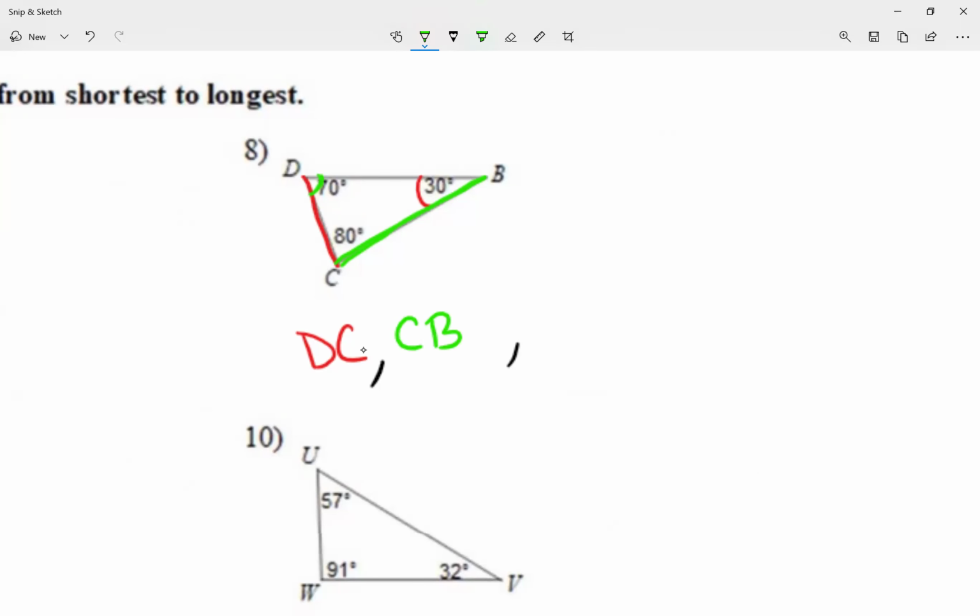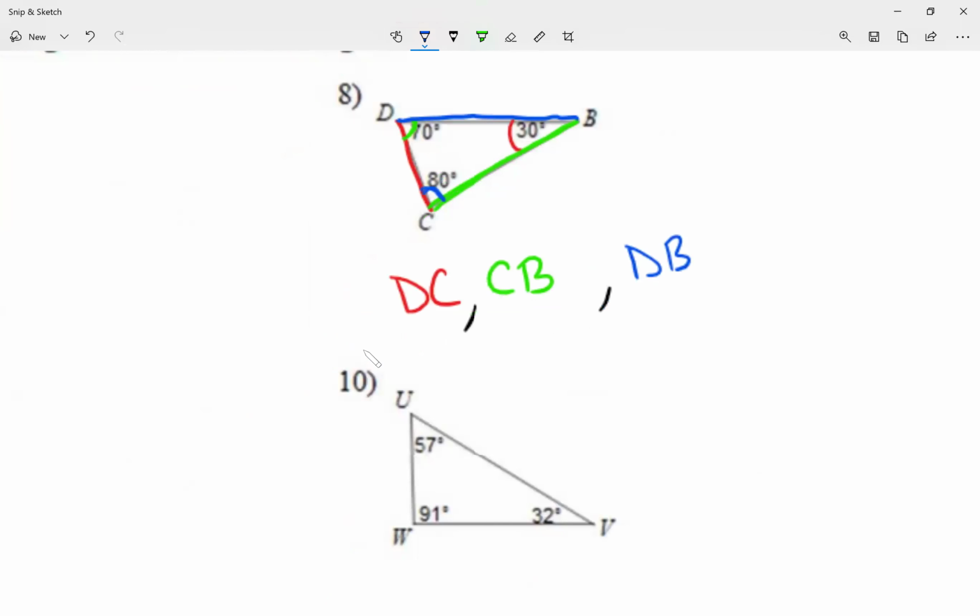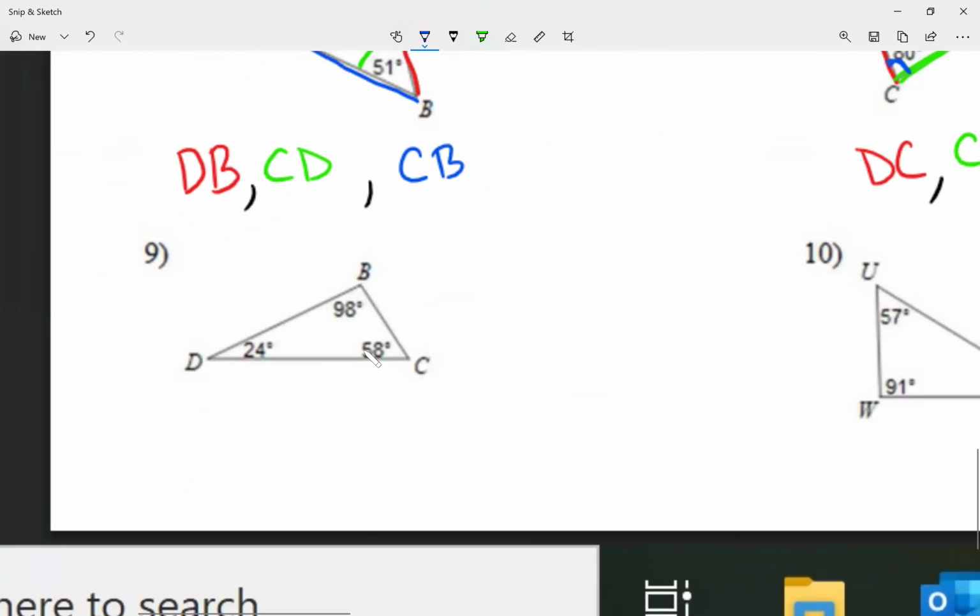Remember, for sides, we use two letters. And lastly, the biggest angle is 80 degrees, opposite from the side DB. So the biggest side is the side DB. You guys call it BD instead. I call it DB. You guys call it BD. Fine. We're using the same two letters, so order does not matter.